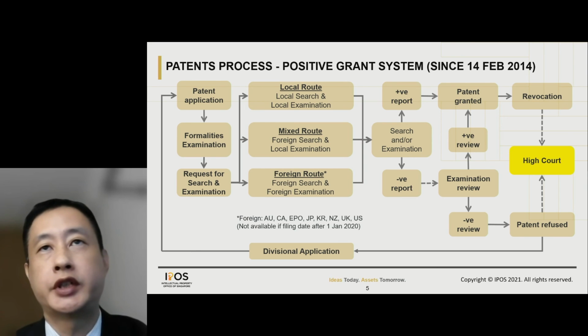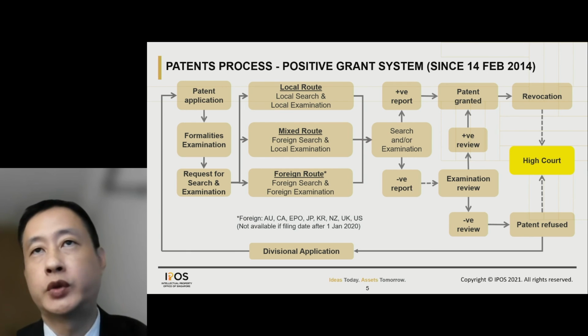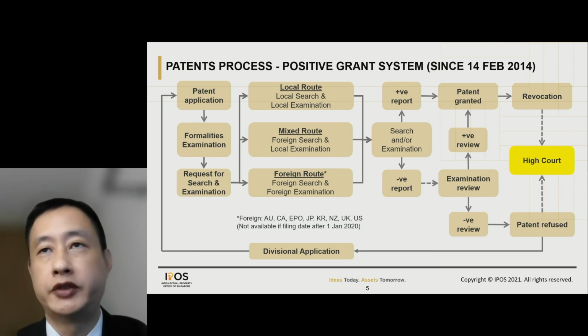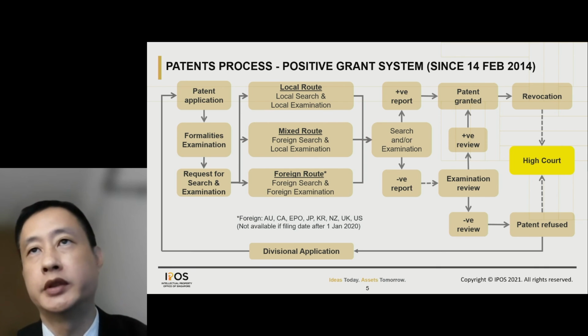Moving on, after the search and/or examination, this will result in either a positive report or a negative report. In the case of a positive report, a patent will be granted. However, in the case of a negative report, the applicant may then request for an examination review. This examination review will result in either a positive review, in which case a patent is granted, or a negative review, in which the patent is refused. If the patent is refused, the applicant still has the option of raising a divisional application and putting the patent through the patent application process again with amendments.